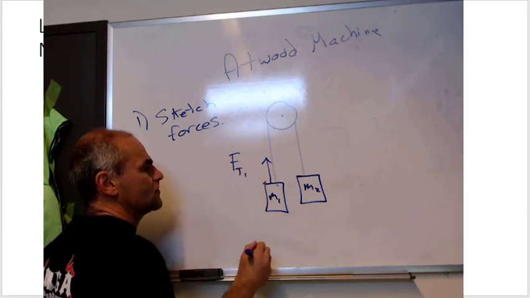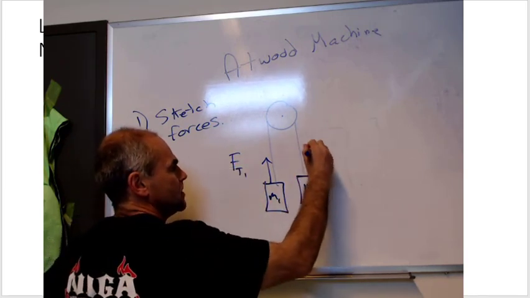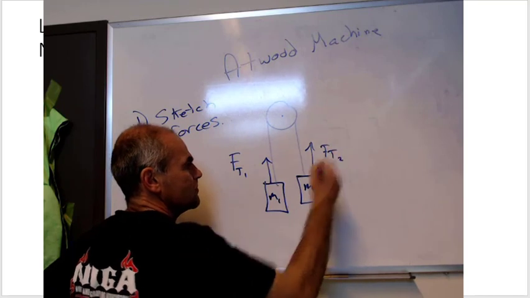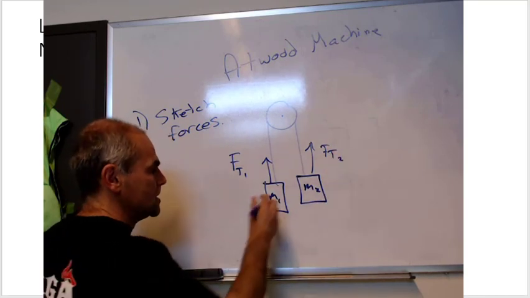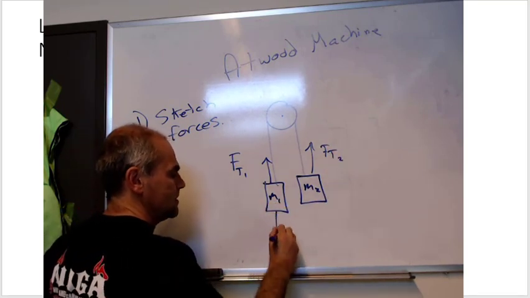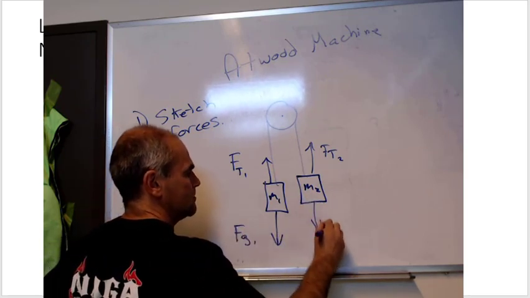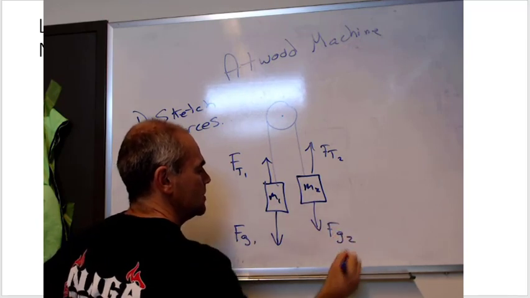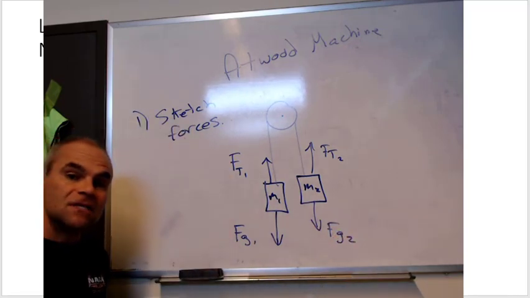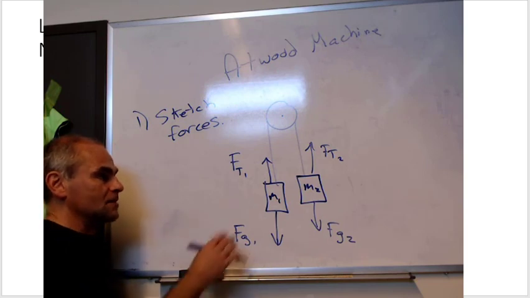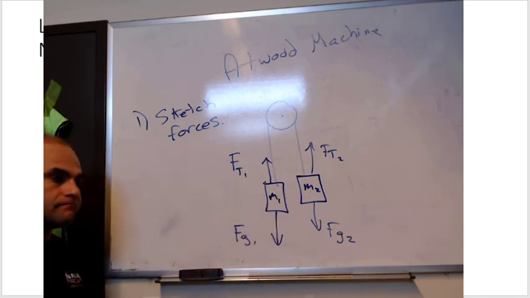I'll call it tension force 1. This one will also have a tension force. I'll call that tension force 2. Similarly, this will have a gravitational pull. I'll call that Fg1. And I'll call this one here Fg2. Those are the only forces I have to consider in this problem that I can see that are acting on either of these objects here.